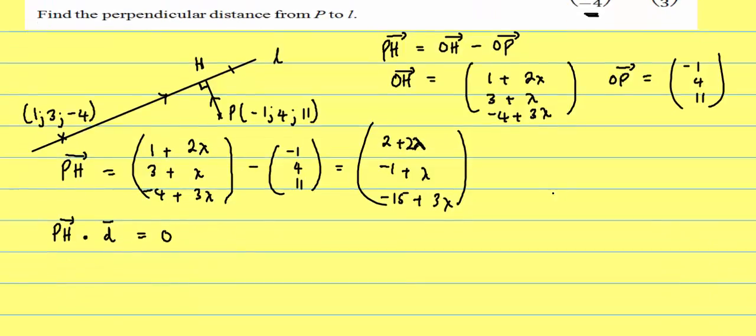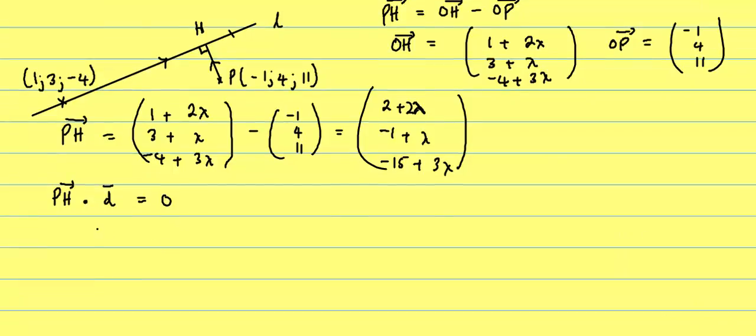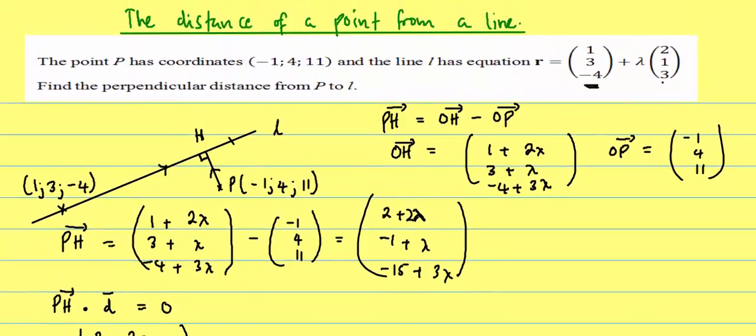So I'm going to take the vector PH, copying it from there, (2 + 2λ, -1 + λ, -15 + 3λ), and then we require the direction vector of the straight line, which is given by this vector here, (2, 1, 3).